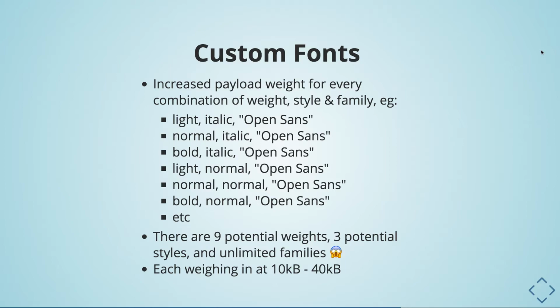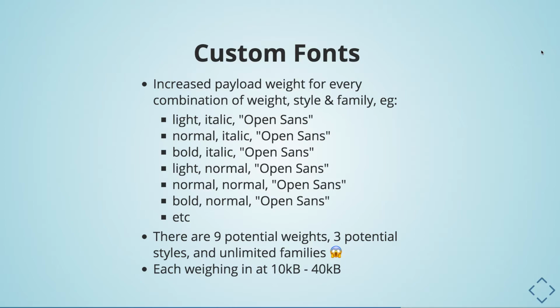Okay, you've got to be careful here because this adds up fast. For every combination of weight, style, and family, you're potentially increasing the payload. So for instance, light italic Open Sans, that's going to be 10 to 40K. And if I want normal italic, that's another 10 to 40, and so on and so forth.